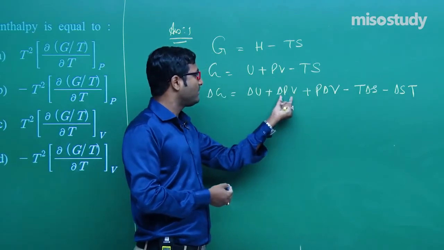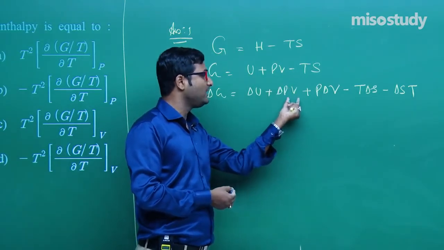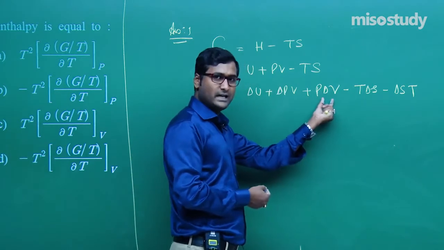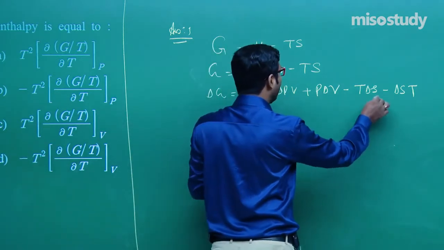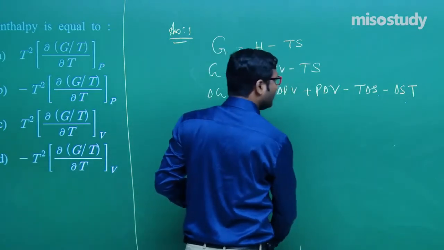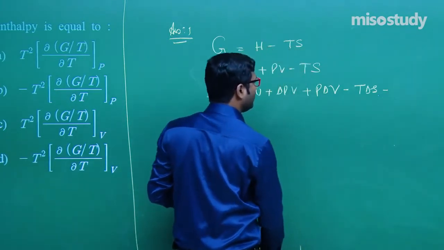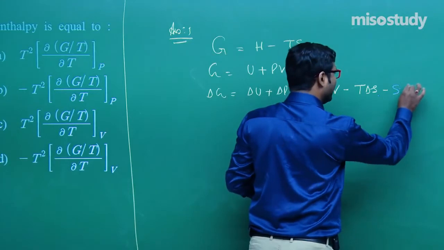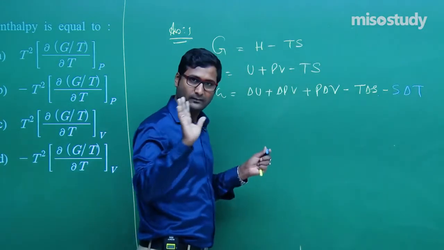So delta G is equal to delta U plus P delta V minus T delta S and minus S delta T. Clear?